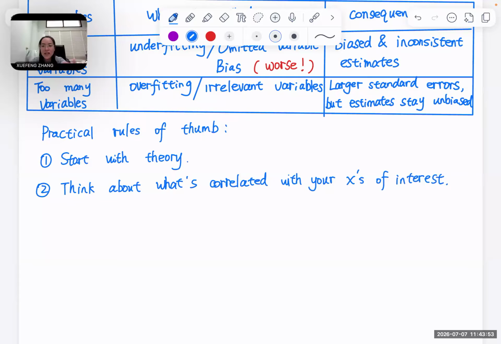Anything correlated with both Y and your key regressors must be controlled for.